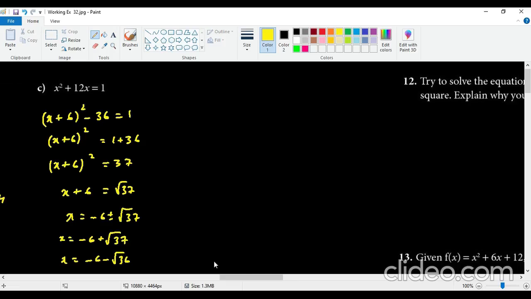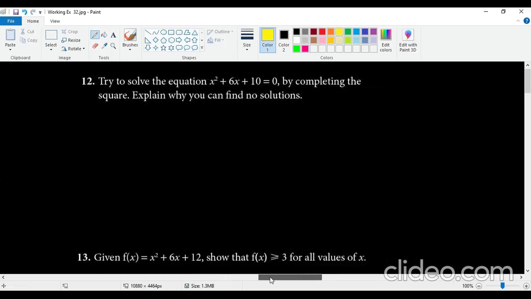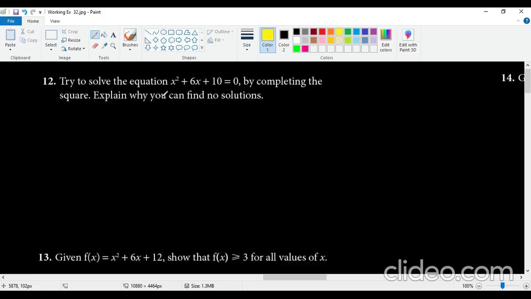Now moving on to question number 12. It says try to solve the equation x square plus 6x plus 10 equals 0. Shall we try? Go ahead with this. So x square plus 6x equals negative 10, and making a square of it, x plus 3 whole square and subtracting the square of 3, which is 9, equals minus 10.